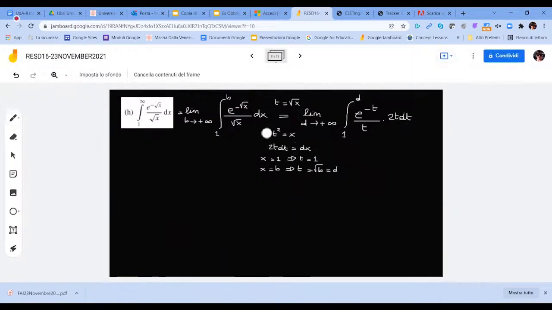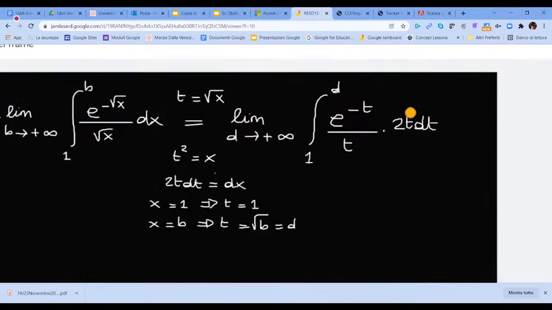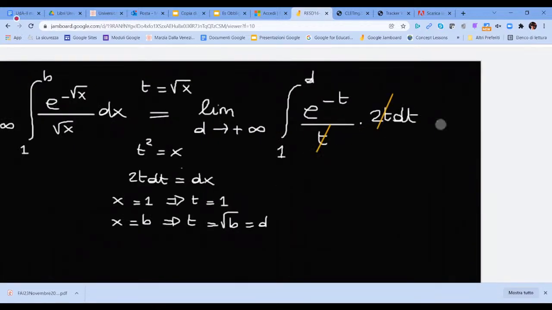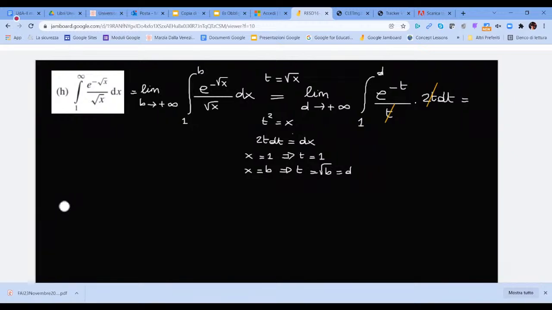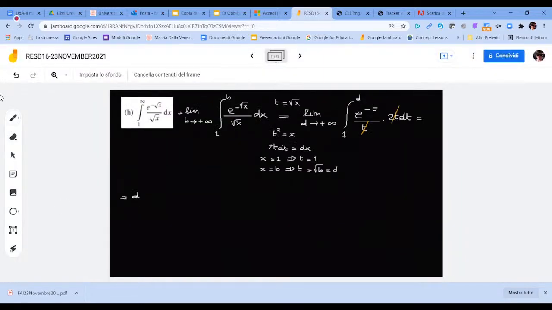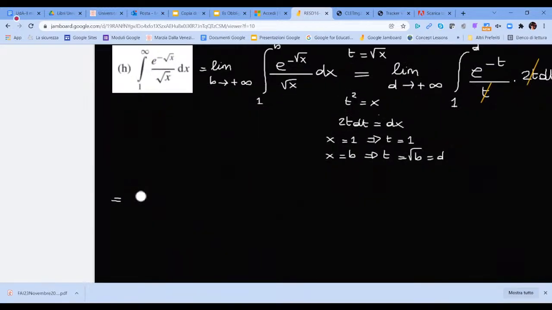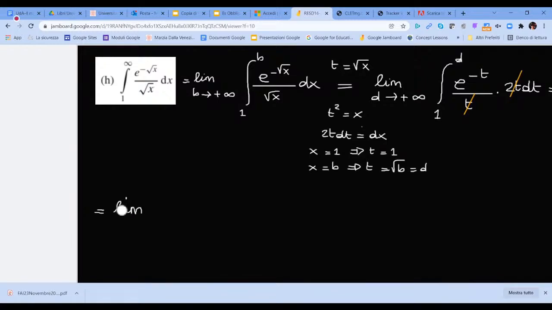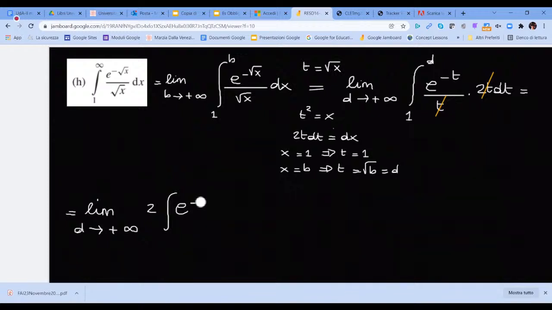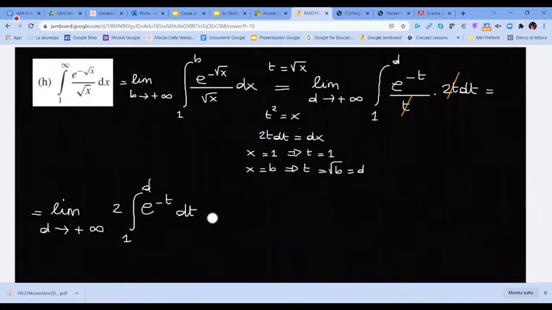And as you can see, we can simplify the factor t over and under the fraction, and we remain with this computation: limit for d approaching plus infinity of 2 e to the minus t in dt between 1 and d.